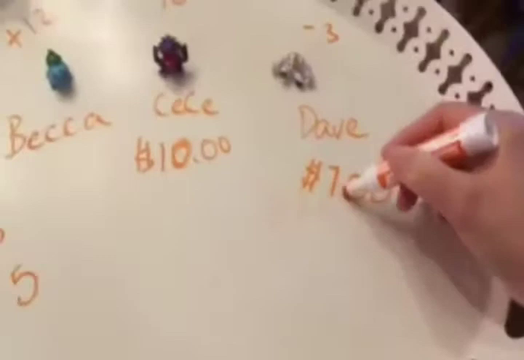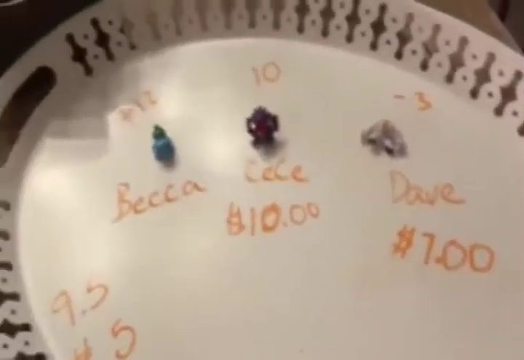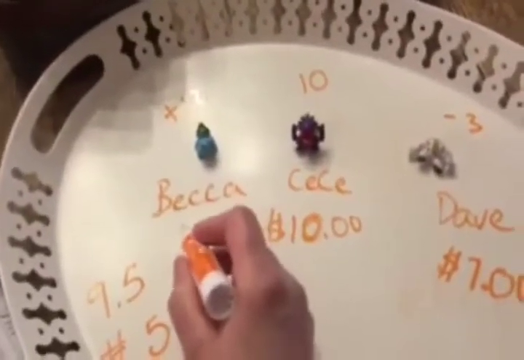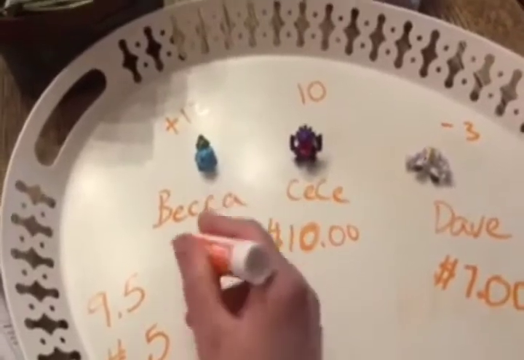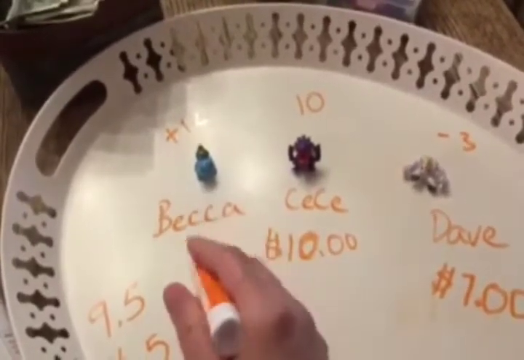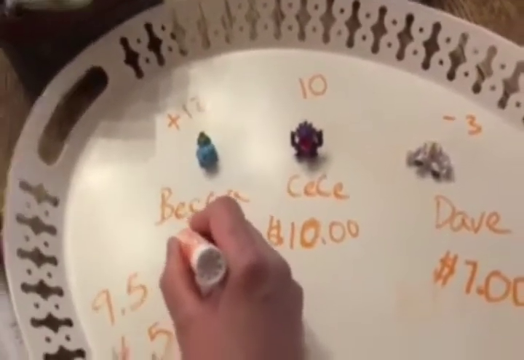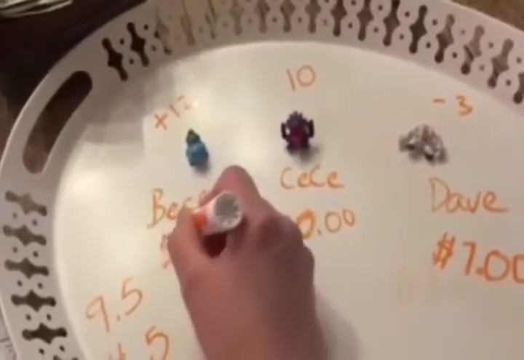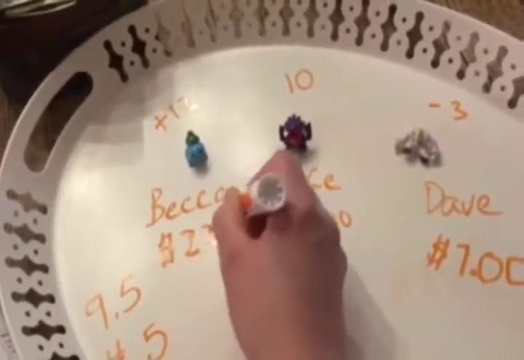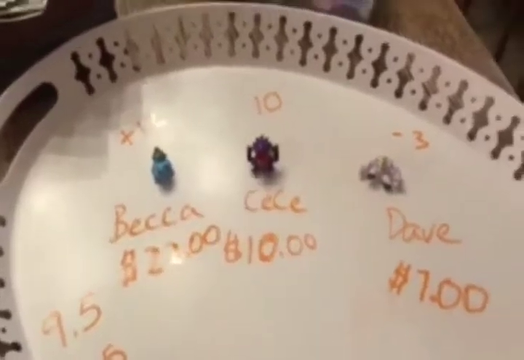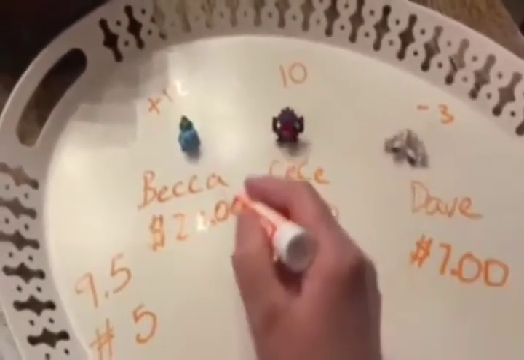Dave now has $7. And Becca over here, Becca's been saving. Becca has $12 more than Cece, and so that's $10 plus $12. And Becca has $22.